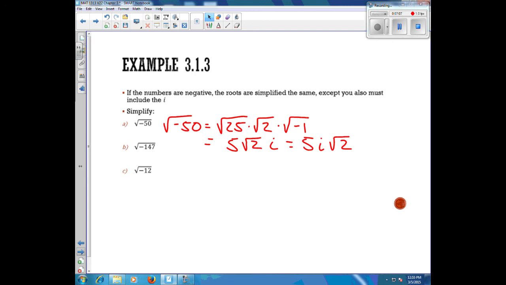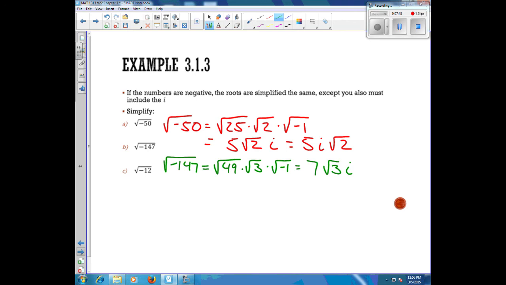So the square root of negative 147, that's the square root of 49 times the square root of 3 times the square root of negative 1, which is 7 times the square root of 3 times i.